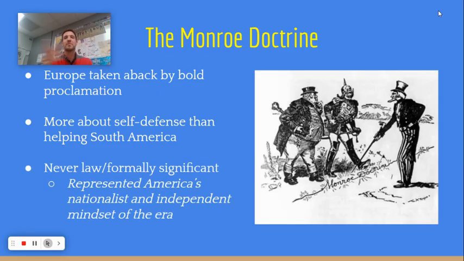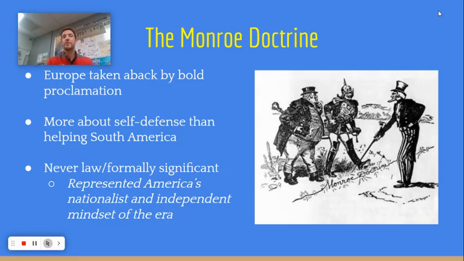And the thing is, the Monroe Doctrine sounds all fancy and formal, but it's not actually the name of a law. It's never a formally significant thing. It's more of a philosophy or an ideology. But oddly enough, over the rest of this century, it is going to be the staple philosophy of American foreign policy.